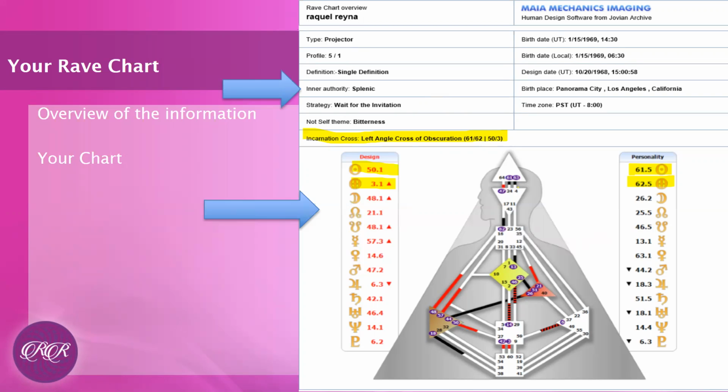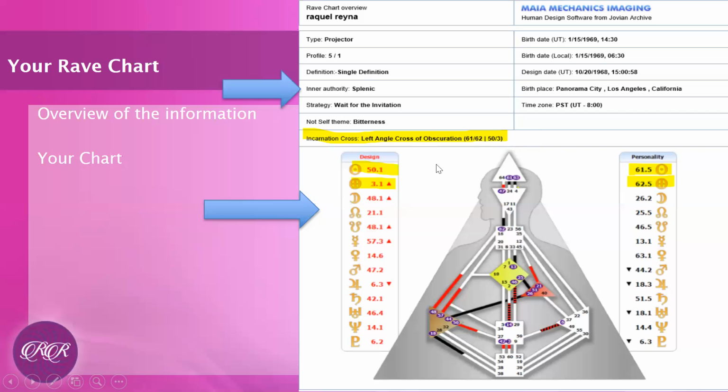Your profile, which you see right here, it says 5-1. The profile is found here on the chart. You can see here where it has a .5 and a .1. It's written the black and then the red. So you have the 5 and the 1.